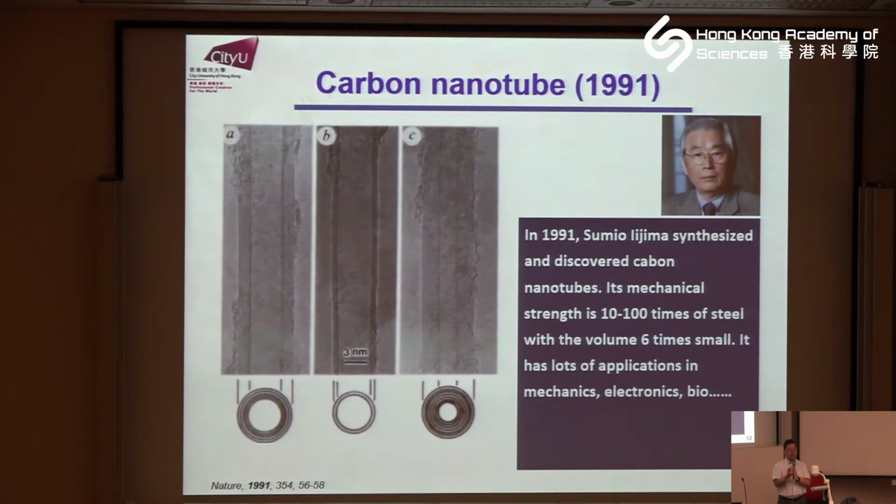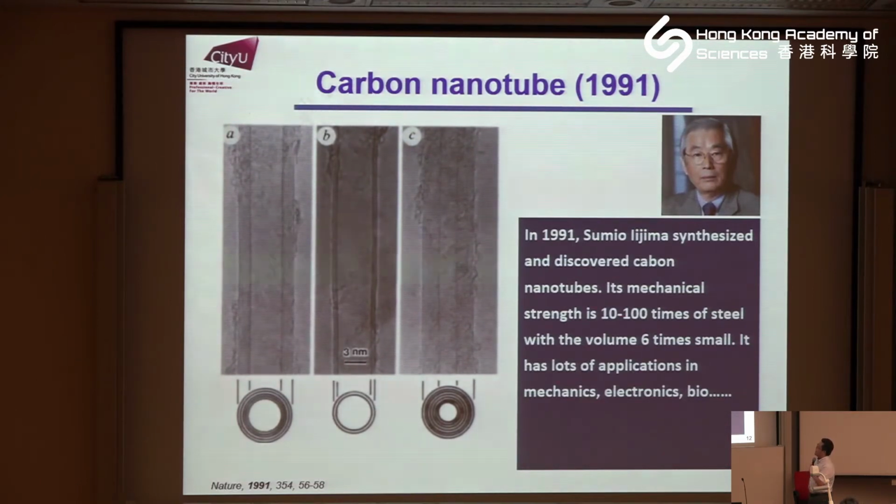There's only one wall. So as you can see, this is one single layer of carbon atoms wrapped together like a tube. And basically, this was developed by a Japanese scientist called Iijima. Back in 1991, he was the first one to discover carbon nanotubes.